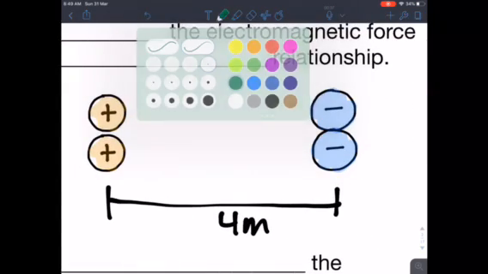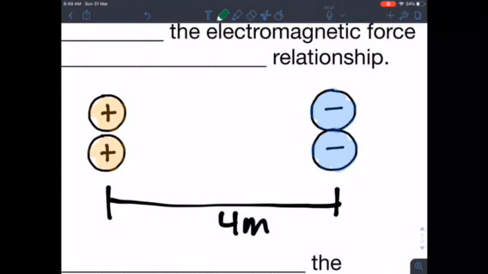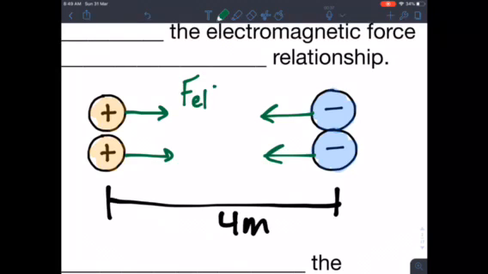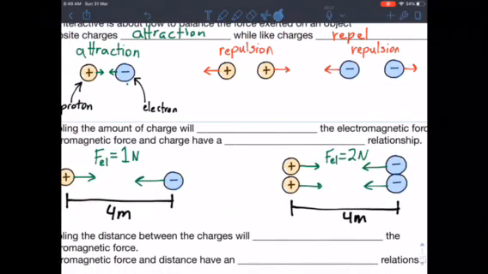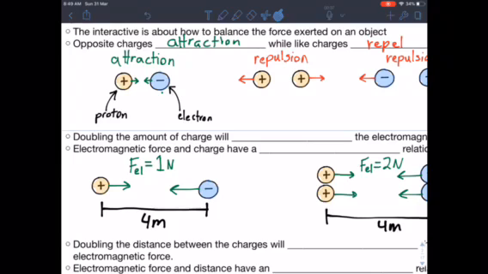Now, this situation is really just the previous situation twice. This proton is pulling on this electron. This proton is pulling on this electron. So if we have twice as much charge, it's reasonable to expect that you would have twice as much force. All right? And that is the directly proportional relationship we were talking about just a moment ago.